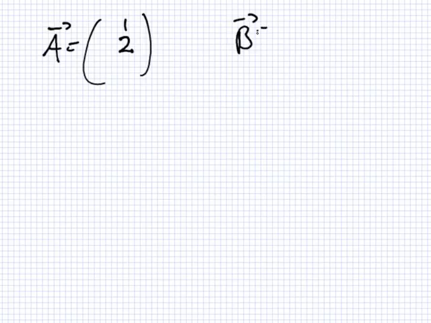We all believe in you. Vector a equals vector i plus 2 vector j. Okay. And b? b is 3i plus 4j. Cool.